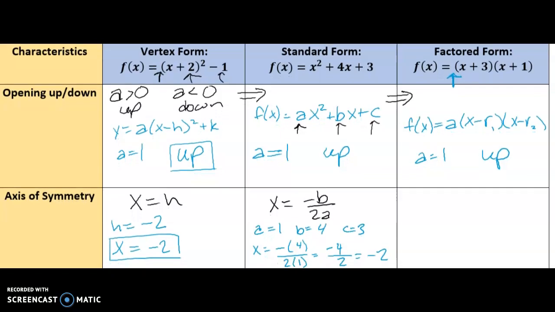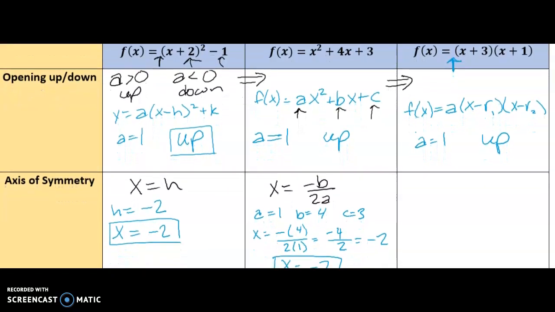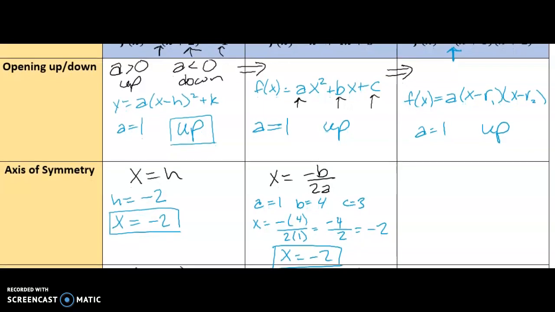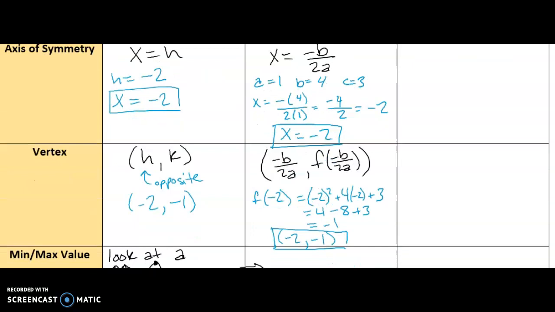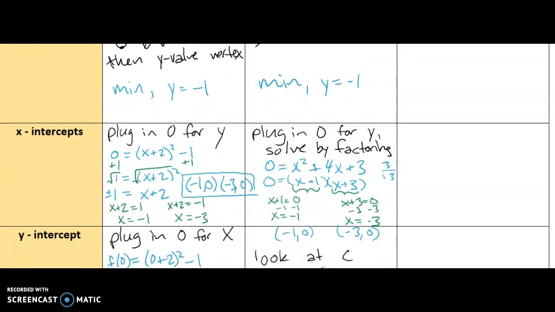The axis of symmetry here, we actually think about how we can find our x-intercepts from factored form first. So I'm going to scroll down and do that, and we use that to help us find our axis of symmetry and vertex.